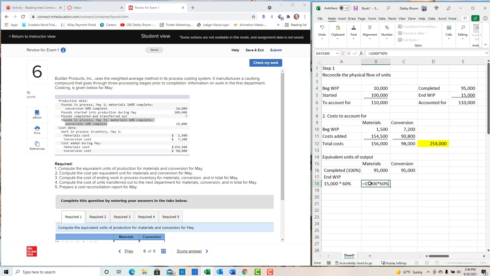So 15,000 units that are each 60% complete are the equivalent of 9,000 full and complete materials units.